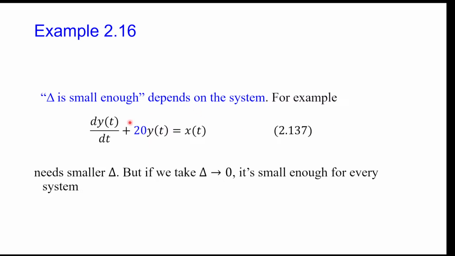For example, the system before had 2y here, and if you have 20y here, the system will need a smaller Δ to feel like an actual impulse. So the time scale of the system depends on the coefficient here. But in terms of pure mathematics and calculus, we are always taking the limit of Δ going to zero, and the coefficients are constant, so Δ can always be made small enough.